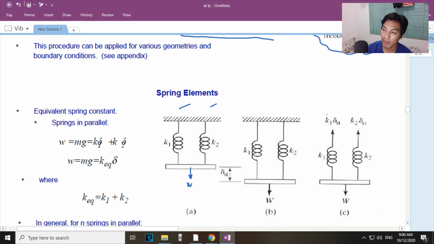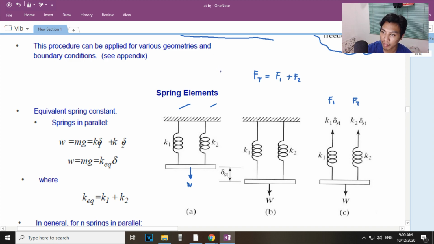Ngayon, yung K1 mo multiplied to deflection, that is the force 1, and then force 2. Di ba ang force 1 and force 2, kapag parallel ang springs, the total force will be equal to F1 plus F2. Tama?